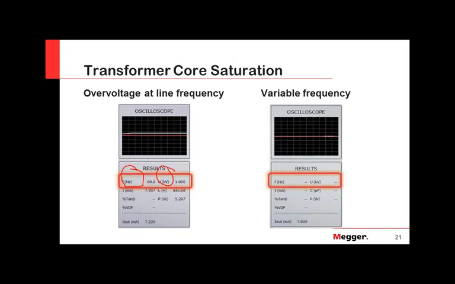And now we will drop the frequency, and we will apply only 45 hertz. 4 kV, 5 kV, and you already see that there's a deviation on the current. 7 kV, 8 kV, 9, 10.